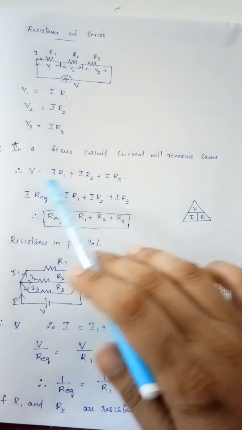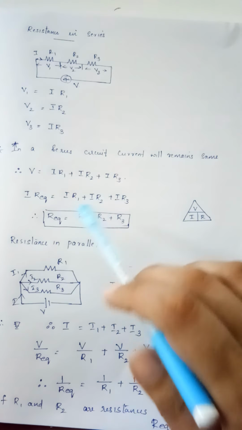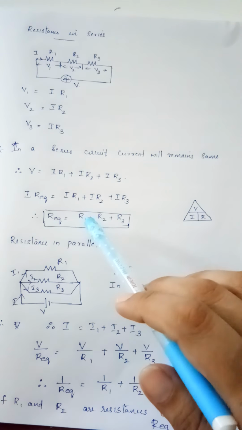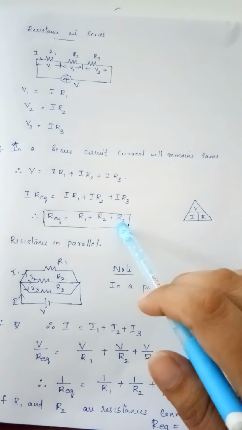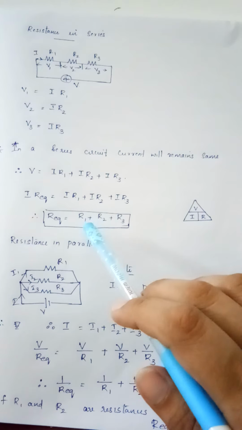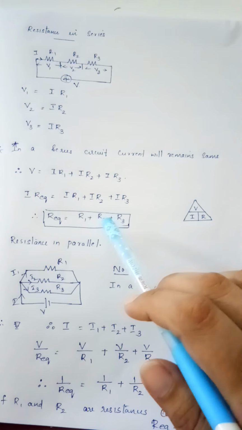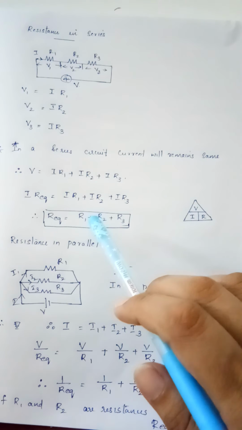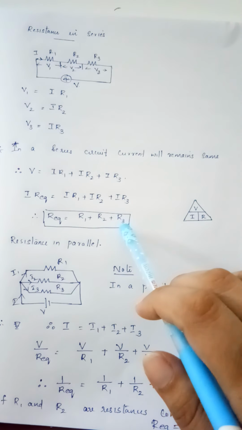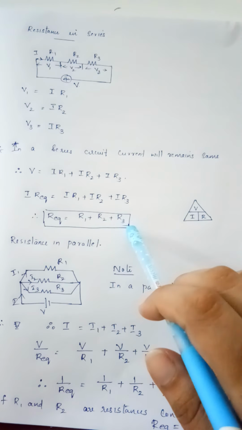So we can cancel I from both sides. R equivalent equals R1 plus R2 plus R3. We can conclude that if we have three resistances connected in series, the equivalent resistance equals the sum of three resistances R1, R2 and R3.